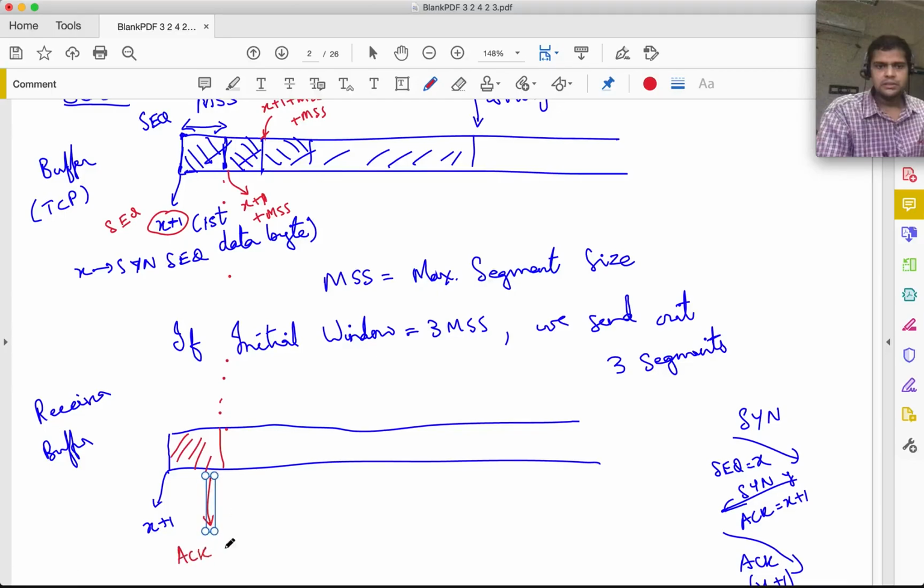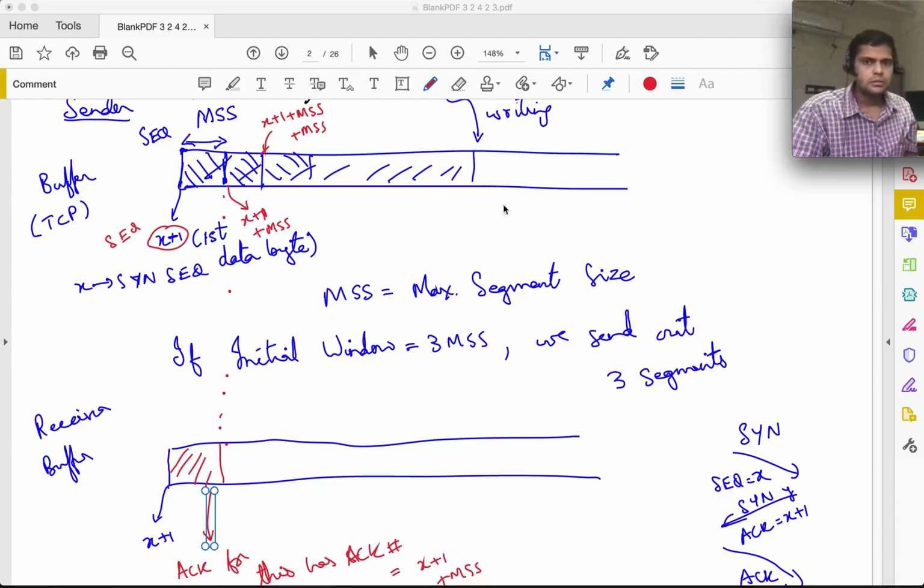So the ACK for this has ACK number equal to X plus 1 plus MSS. Because it got the full segment, it's saying that this is the next byte that I'm expecting. So this ACK is saying that what I expect is the first byte of the next segment.